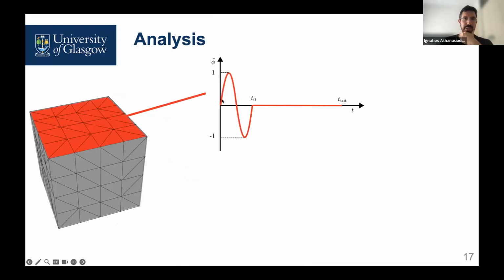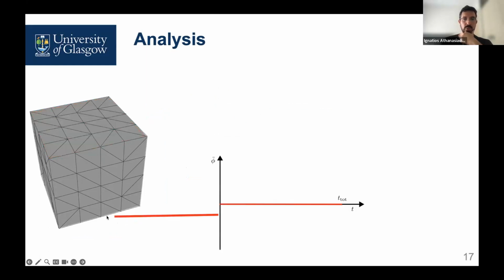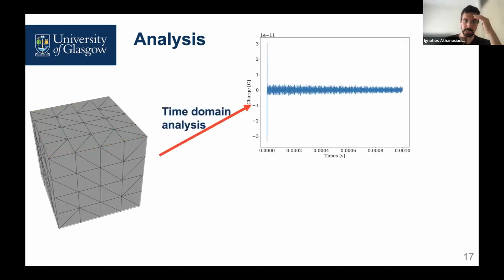So now for the dynamic analysis, we performed a dynamic analysis using a cube of these dimensions, and we applied a pulse for the prescribed boundary conditions on the top of this numerical specimen that looks like this, and on the bottom it was grounded, so the potential was constantly equal to 0 throughout the analysis.